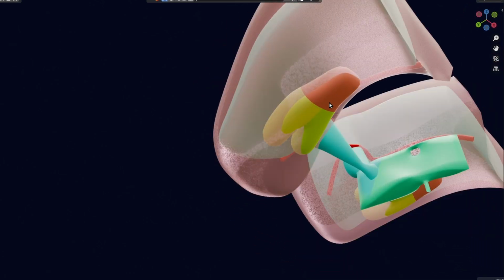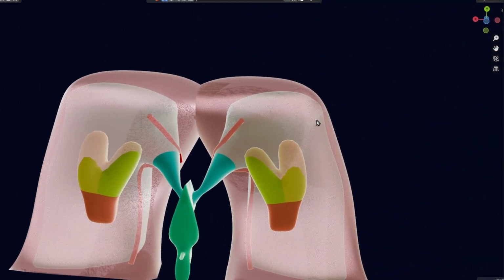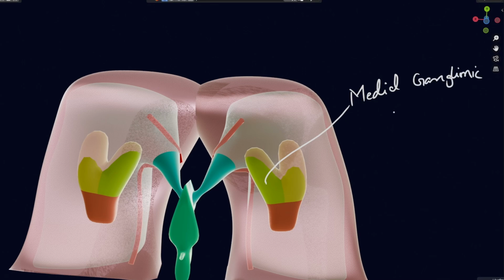So what are these swellings? Let me name these swellings for you because these are relatively important. So this is the medial ganglionic. Here the term ganglionic is a misnomer because there is no ganglia here.